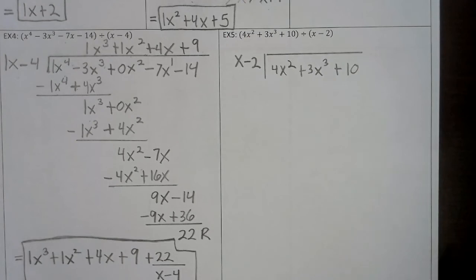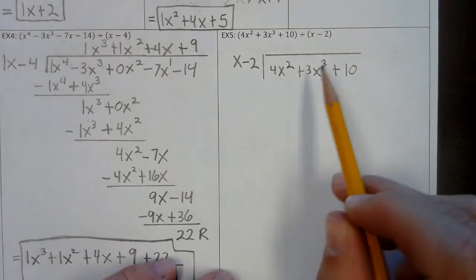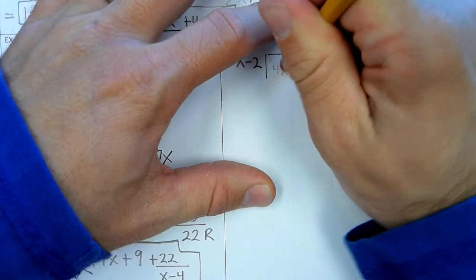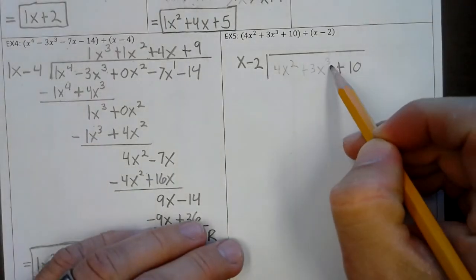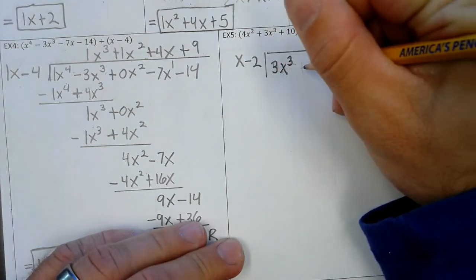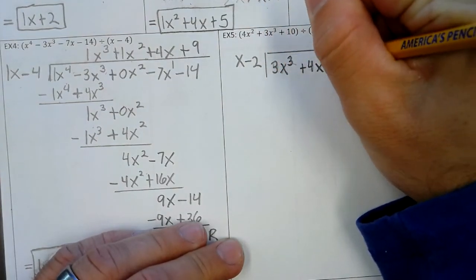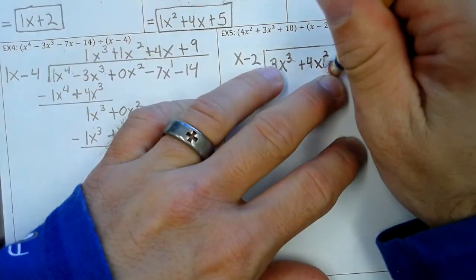All right, I'm hoping you see that the exponents have to be listed from greatest to least. And you have to look out for that, okay? The x cubed has to come first. So this is 3x cubed plus 4x squared. Second issue, you're missing an x.